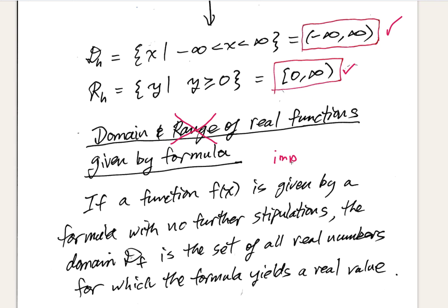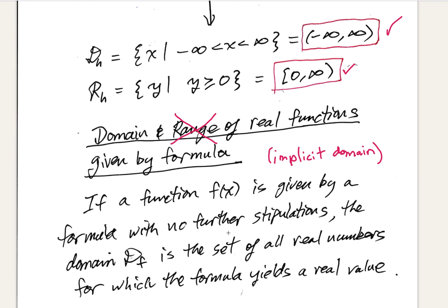So if you just give a function by formula, then we assume that its implicit domain is the set of all real numbers for which the formula makes sense. In other words, it's as wide as possible. So we use the widest possible interpretation. So I write that here.